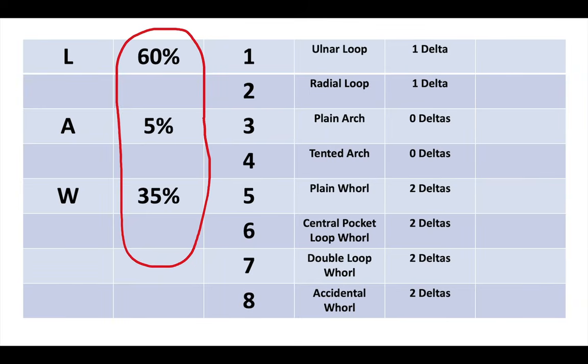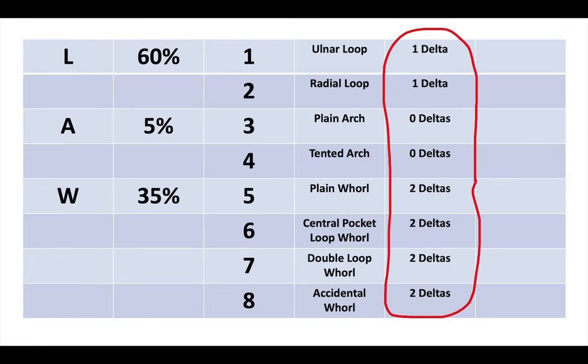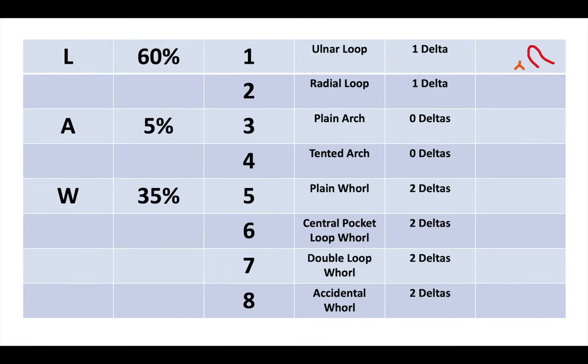Loops make up about 60% of all fingerprints, arches about 5%, and whorls about 35%. Remember your deltas. Your loops have 1 delta, arches have 0, and your whorls have 2 deltas.